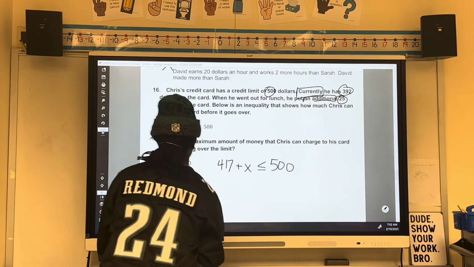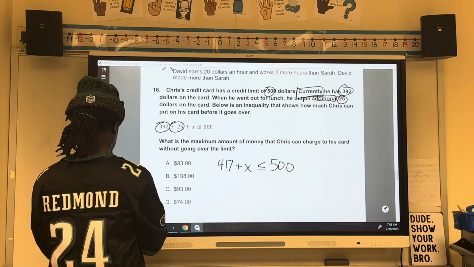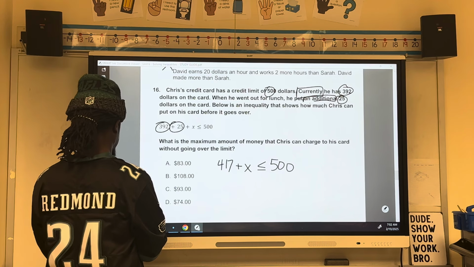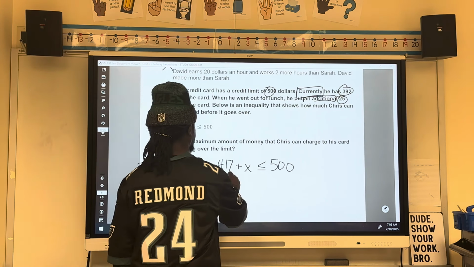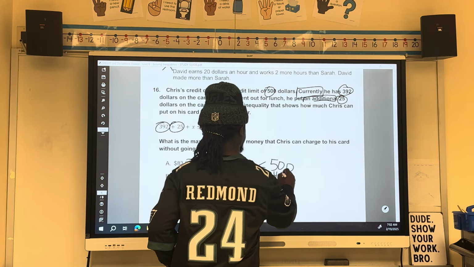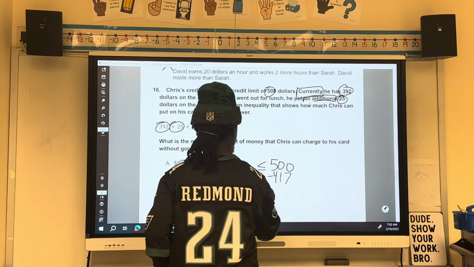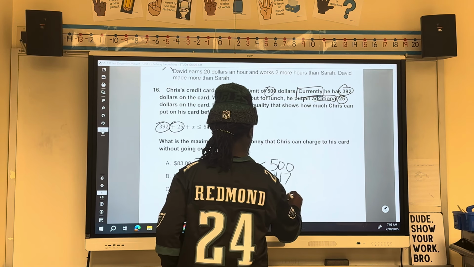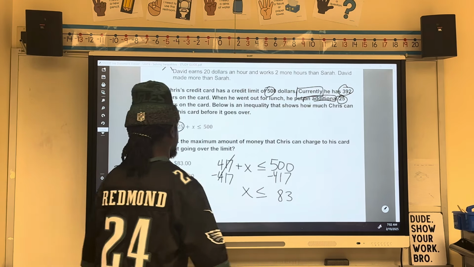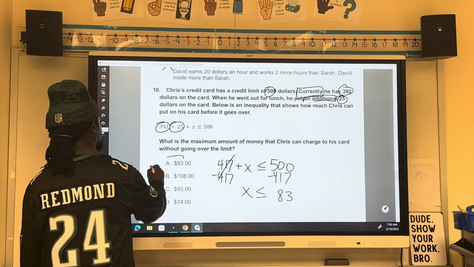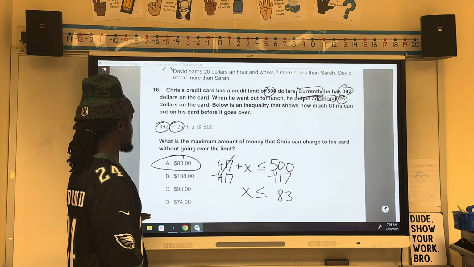And then subtract the 417 from both sides, that cancels, and X is less than or equal to 83, all right? So he cannot go over $83, all right?